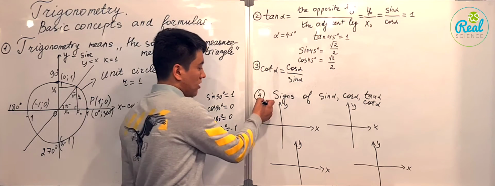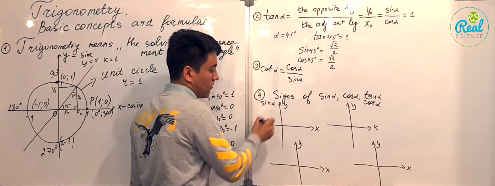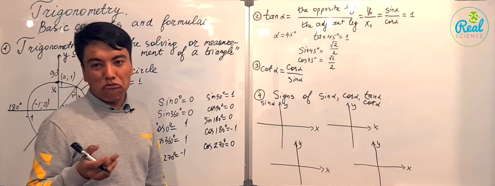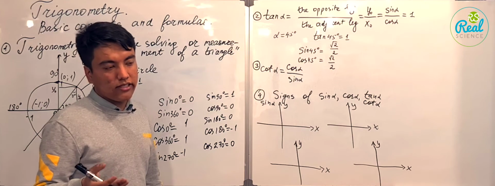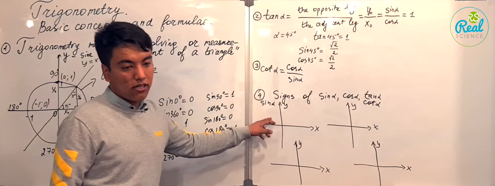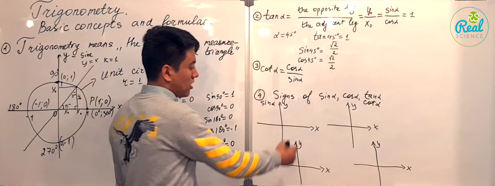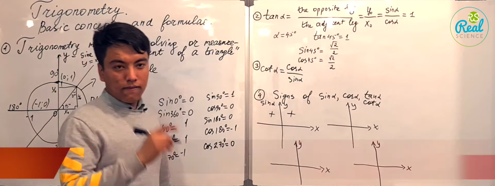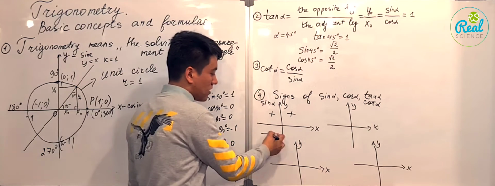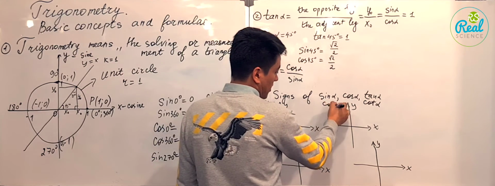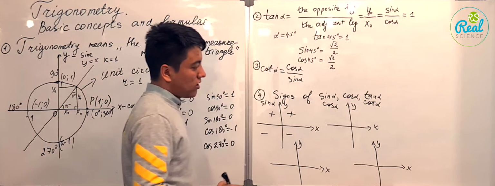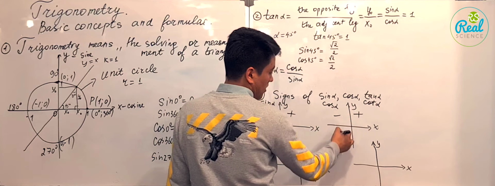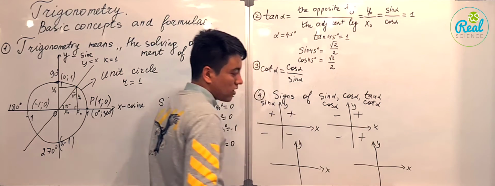Let's see first sine alpha. Let's see the signs of y. What are the signs of y in the first and in the second planes? In the first it is plus, in the second it is minus. And here cosine alpha: in the first positive, in the second negative.